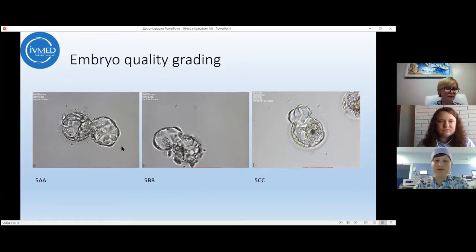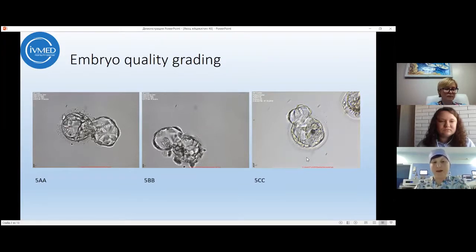So here we have AA embryos, BB embryos, because the number of cells and the quality of the inner cell mass is a little bit lower, and the number of trophectoderm cells also is much lower than the first one. And also we have CC embryos.